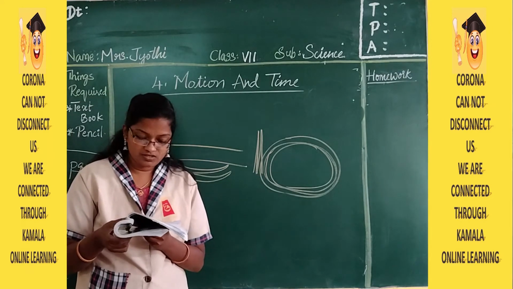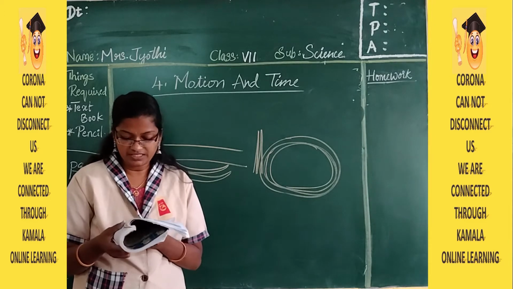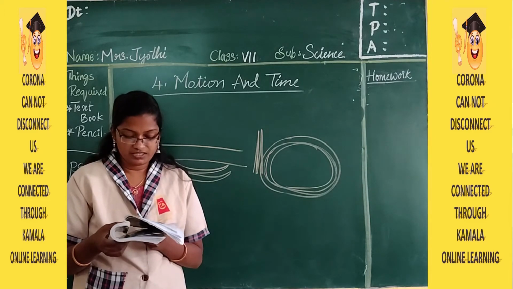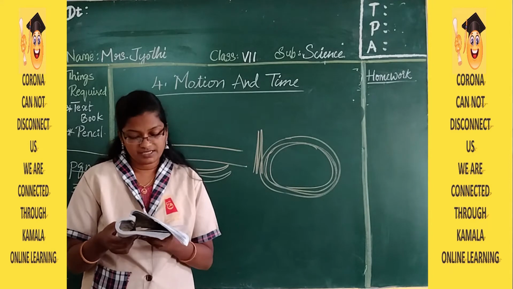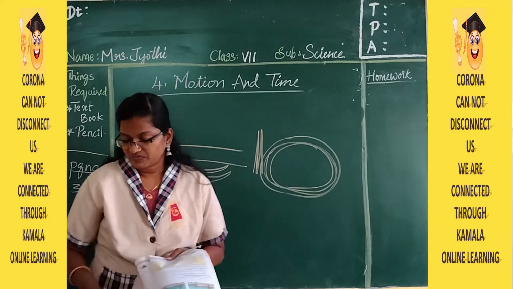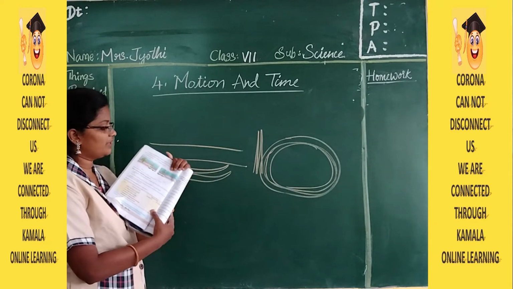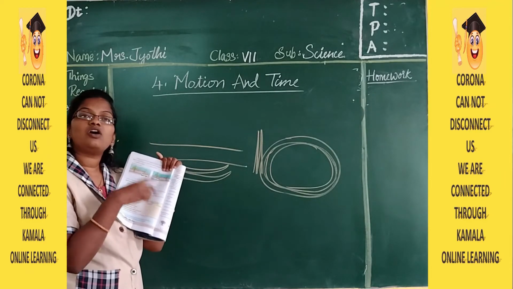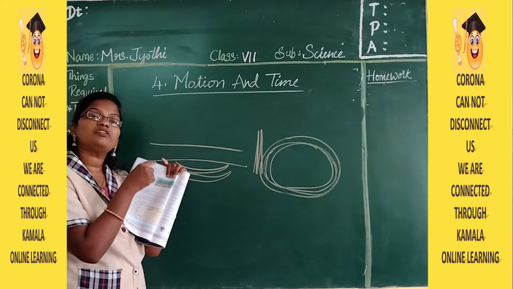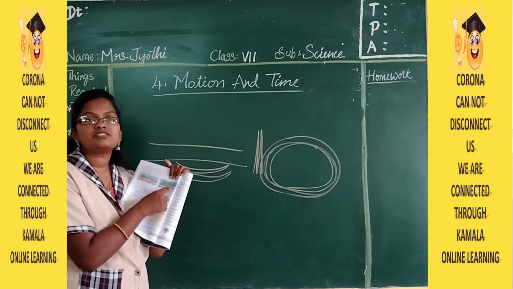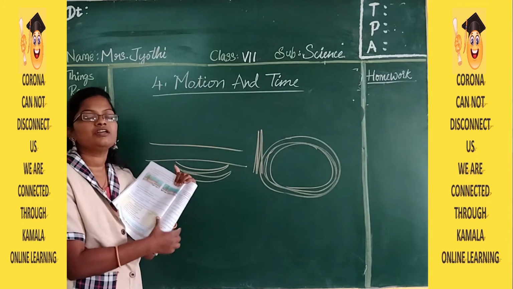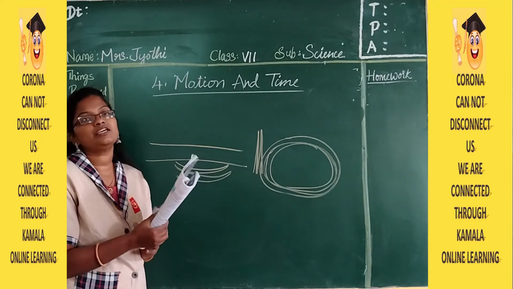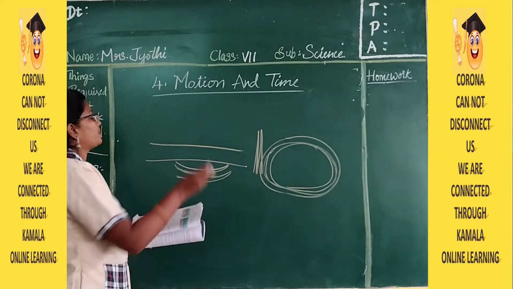If all parts of a moving body move in the direction of motion, then the motion is said to be translatory motion. Like in the case of a bus. Along with the bus, all parts of the bus are moving, along with the people inside, the wheel, the steering, the headlight, the wipers, everything is going to move.